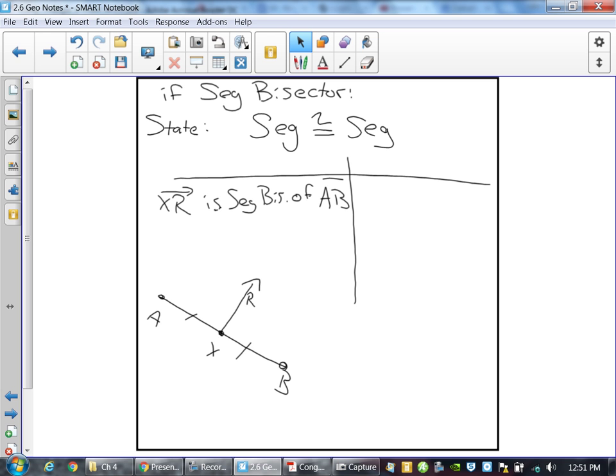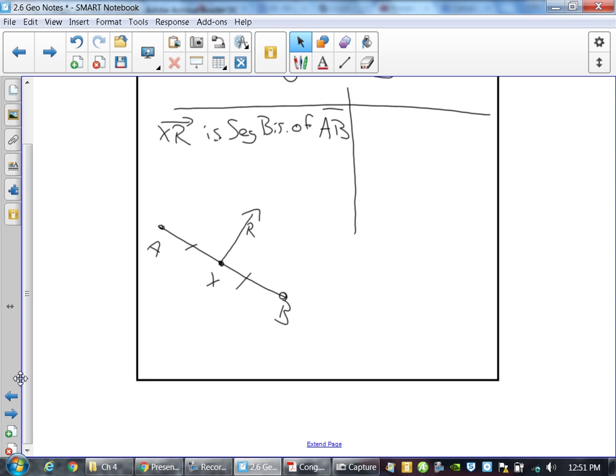Doesn't matter where it's going. It doesn't necessarily have to be perpendicular. That's something completely different, which we'll put on here eventually. But if XR is a segment bisector of AB, what are the two segments that it created? Well, it's kind of dumb luck, I didn't realize I used AX and B again. You get two segments, AX and XB.